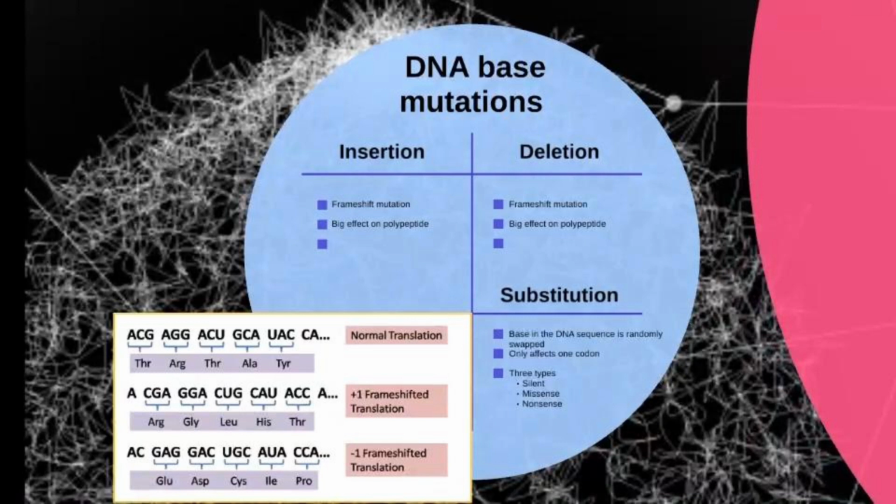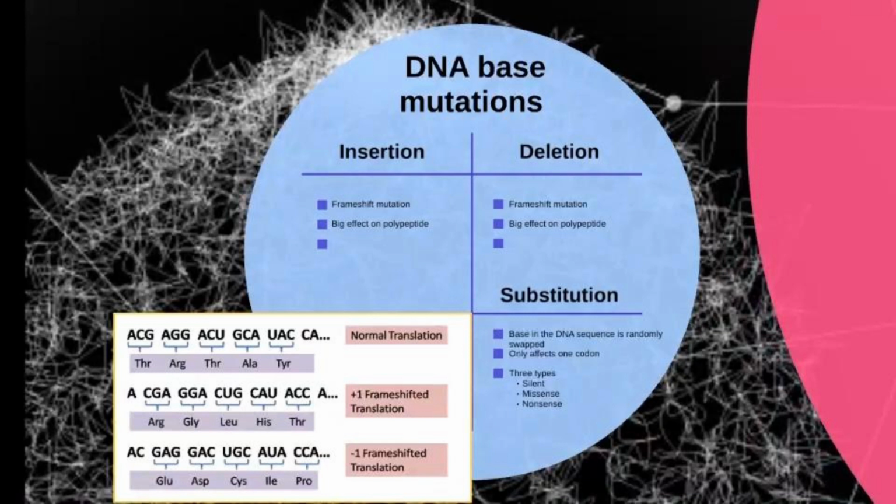The other types of substitution mutations that we have are missense and nonsense mutations. These ones do result in a change in the amino acids. So missense mutations, often called non-synonymous mutations as well, are mutations in the bases that do result in a change in the amino acid that's coded for.